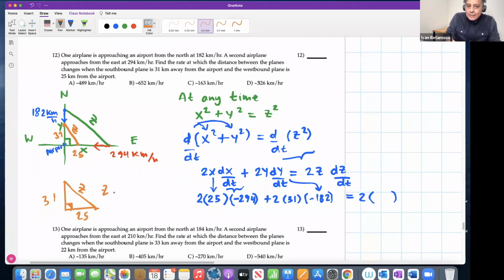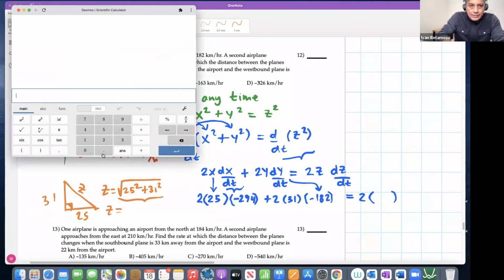So z, when y is 31 and x is 25, because of the Pythagorean theorem, has to be equal to the square root of 25 squared plus 31 squared. So we can compute this in our calculator. Let's do that together. Square root of 25 squared plus 31 squared.